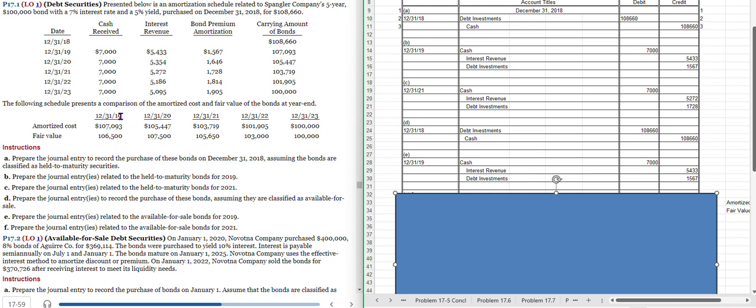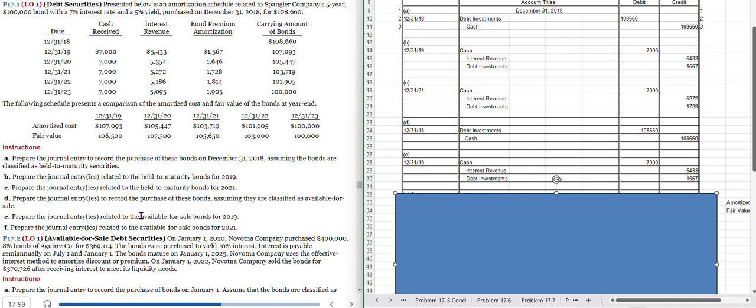As of December 31st, 2019, our amortized cost was $107,093, and the fair value was $106,500. The change is $593 as a decrease in the debt investment, which would be recorded as an unrealized holding gain or loss.